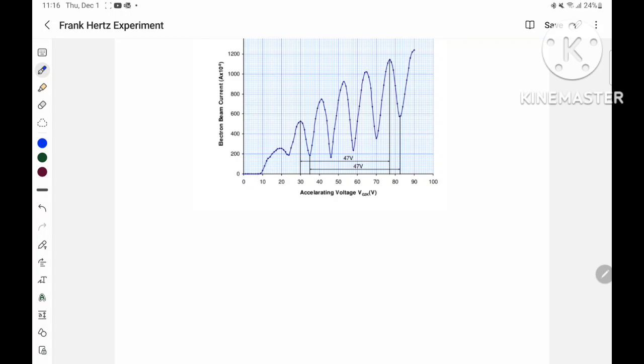After you have done that, from the trend of the graph find out the locations of the peaks. You have to start from the second peak, this one, and go all the way up to 2, 3, 4, 5, up to the 5th peak. So find the position of the first peak and find the position of the 5th peak. These peak positions you have to find from the trend of the graph. Suppose you have the data points like this.